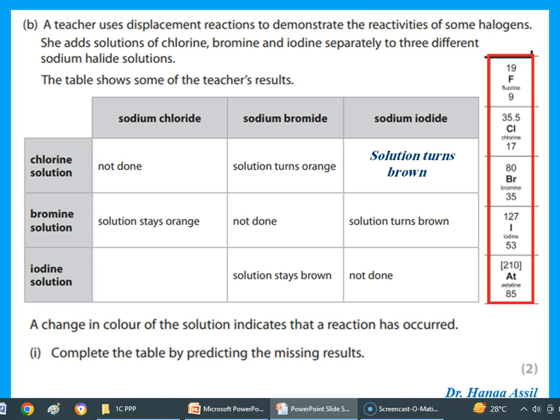If iodine is added to sodium chloride, what will happen? Remember that iodine is less reactive than chlorine, so it cannot displace it. So the color of the iodine solution remains and the iodine solution is brown. So the solution stays brown. Also iodine with sodium bromide, also the solution stays brown. So please follow his examples.